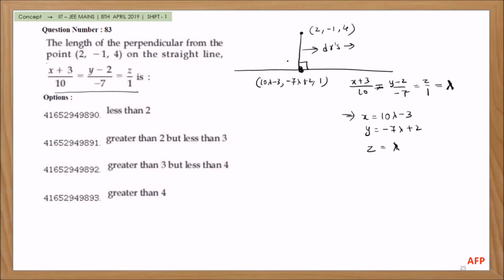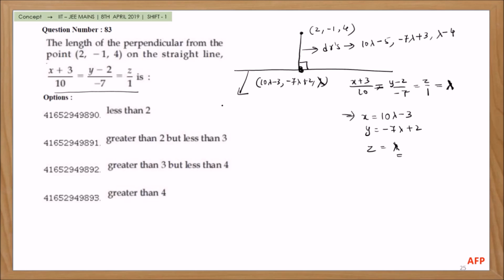If you subtract, 10 lambda minus 3 minus 2 is 10 lambda minus 5. Then 7 lambda plus 2 minus of minus 1 is 7 lambda plus 3, and for the z-coordinate, lambda minus 4 it is. This is the direction ratios.